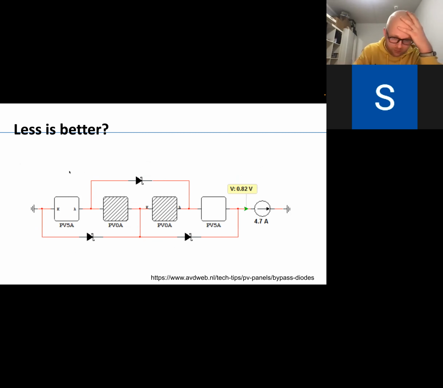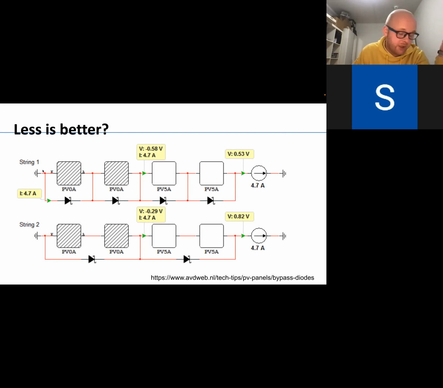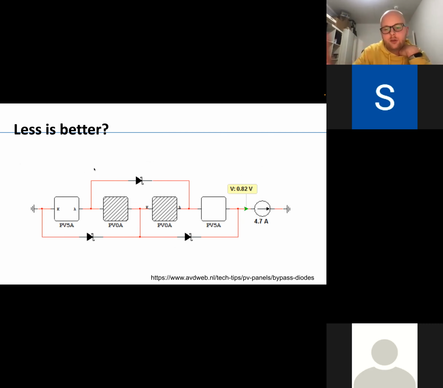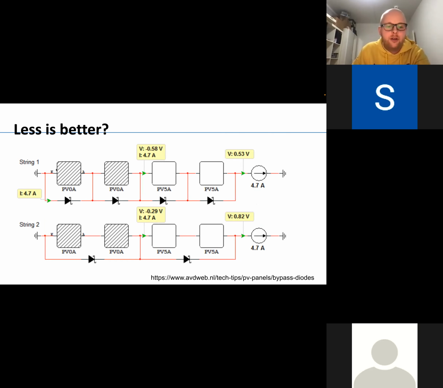So the more diodes that are conducting, the more negative voltage drop you get. So if you can bypass multiple solar cells at once, that is sometimes better. That being said, nowadays you can buy smart bypass diodes, which is basically a diode with a little switch in parallel. And they can cause the diode drop voltage to go to close to 0. In that case, it would be good to go for the top string again, and just give every cell a diode.